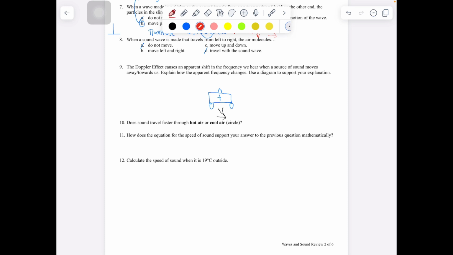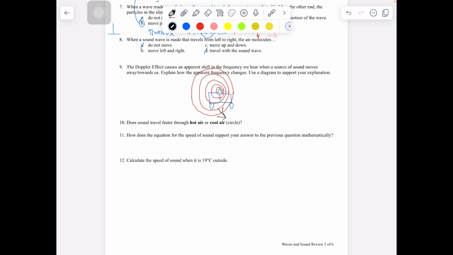If they are moving with some velocity to the right, the sound waves that are emitted right here, they're going to stack up in the direction the object is moving. Because in the time that they're emitting sound waves, they have moved to the right. So that next crest is going to be a little bit closer to the crest that they just emitted a moment ago, because they've moved more to the right in that time.